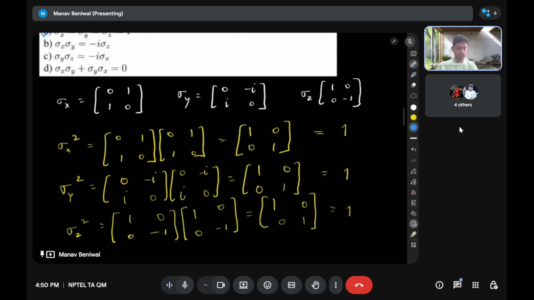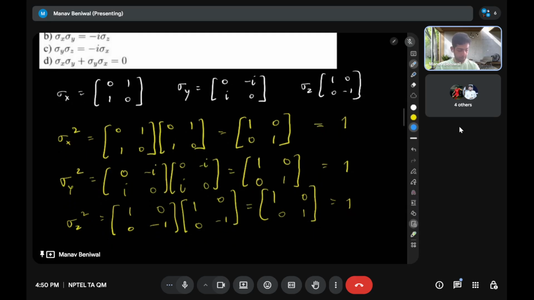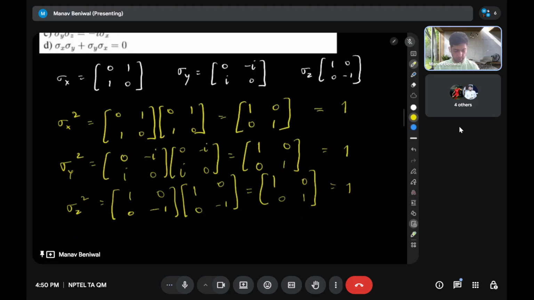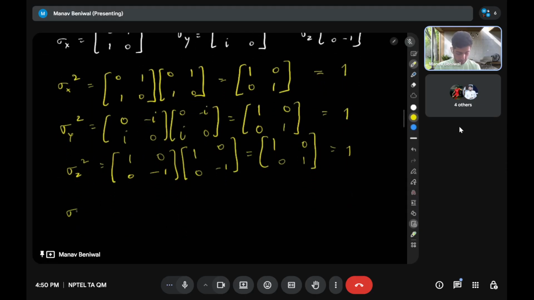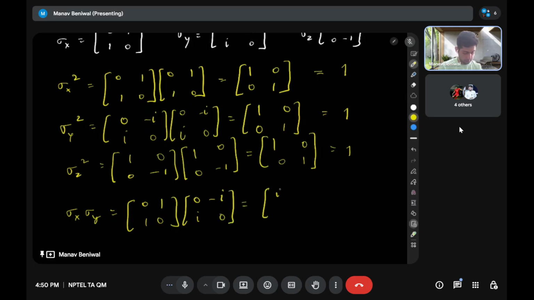Now option B says sigma x times sigma y is minus iota times sigma z. So what will be sigma x times sigma y? If we multiply, here we will have iota 0 and 0, and here we will have minus iota.